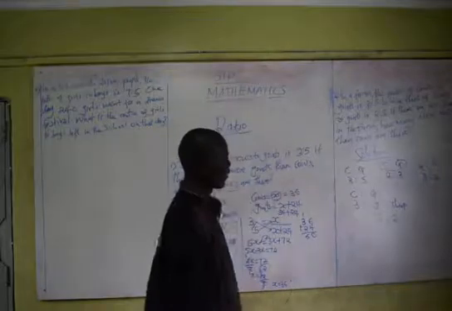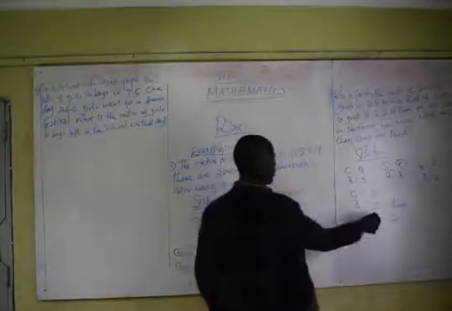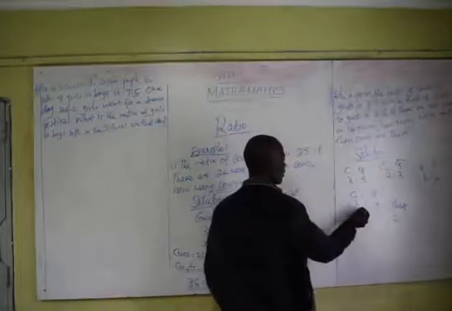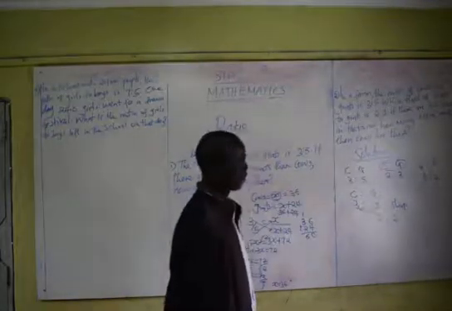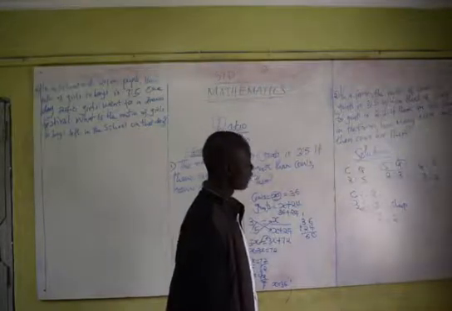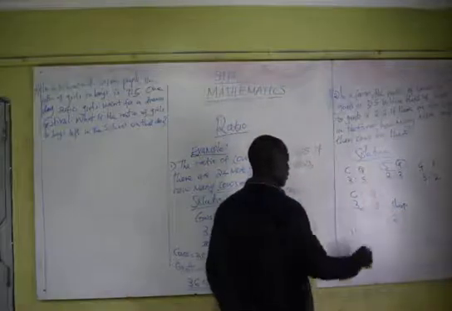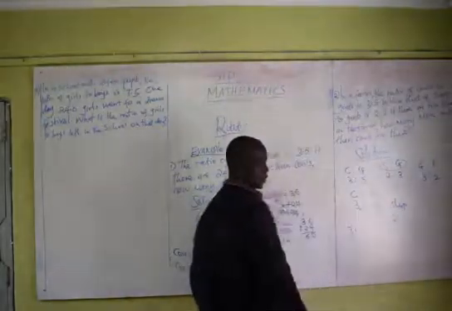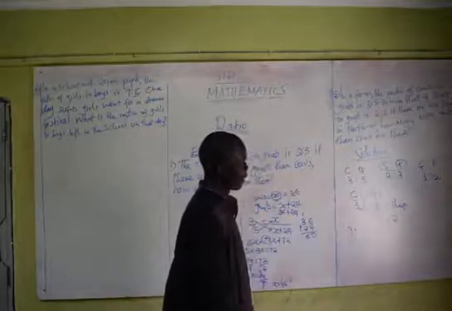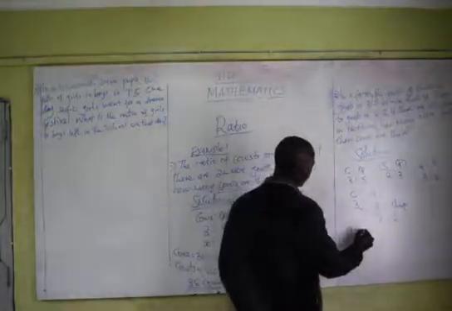Now from here we can get the exact original ratios. So 3 times 3 gives us 9. Very good. 3 times 5 gives us 15. You write 15.